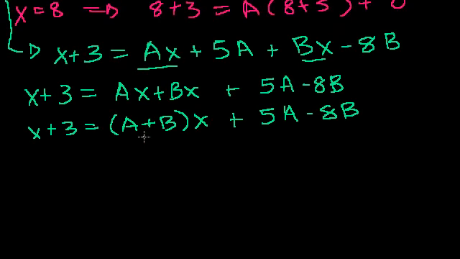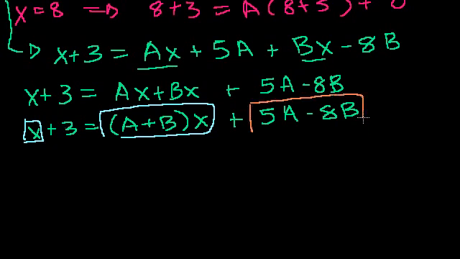And then the realization you have to have at this point is, okay, if I'm adding these two things up and I get this, a plus b, all of the things that involve x are right here, so this has to be equal to this. There's no way that I could substitute some type of a's and b's here that would somehow contribute to the 3. And likewise, the constant terms have to add up to the 3.